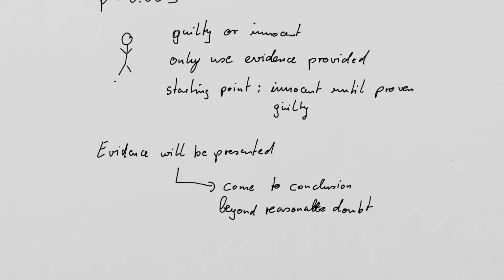Can they be 100% sure? Well, not really. There is a certain element of error, and this usually is indicated by an error margin, or very frequently this is called significance level.